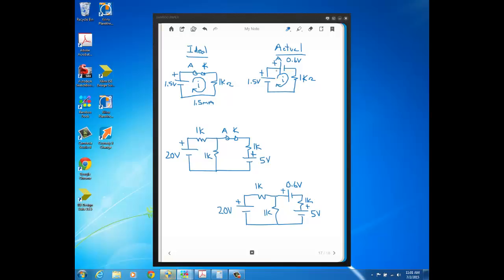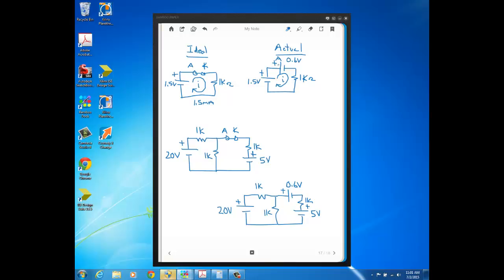Diodes can only absorb power, just like resistors. See, if you had this the other way, if you had the minus side of the source here and you put the plus side on the cathode over here, I'm sorry, this would be the anode based on how we put it in the circuit.